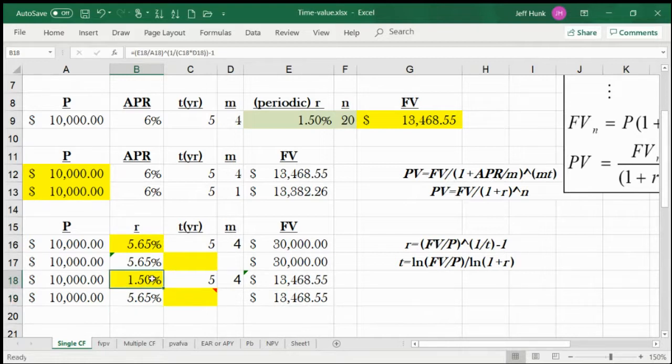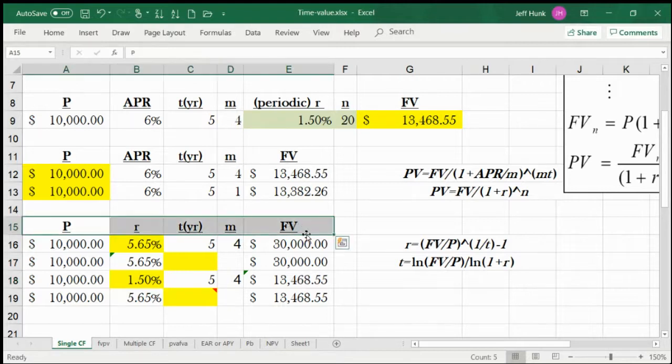So when you build a model to solve the problem, you cannot just mindlessly copy the labels from the previous problem. You'll have to make sure that what the label says really is what the cell holds.